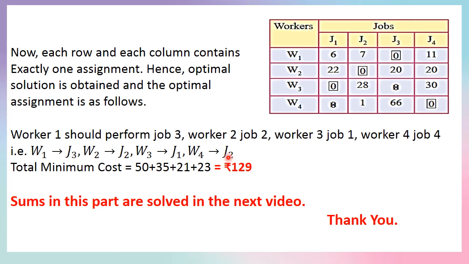And we will find the cost of assigning the jobs to workers from the matrix given in the question, that is, the cost written in the row and column corresponding to these. The total minimum cost will be 50 plus 35 plus 21 plus 23, which is equal to rupees 129.